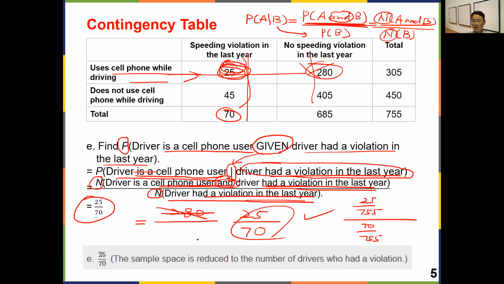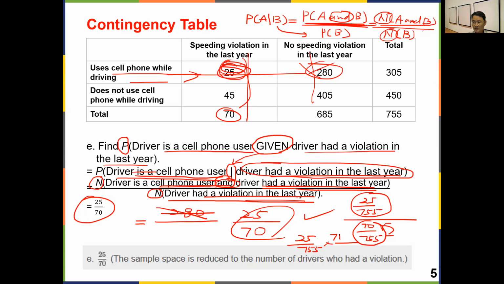And you have to deal with this form, fraction over fraction form. I mean, it's not super crazy difficult. You just write this part first, 25 out of 755. And then you write this one as a multiplication, but you gotta flip this top and the bottom.